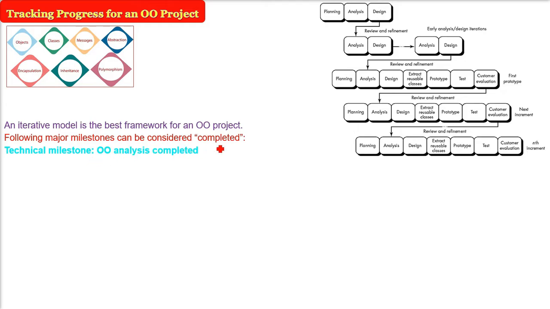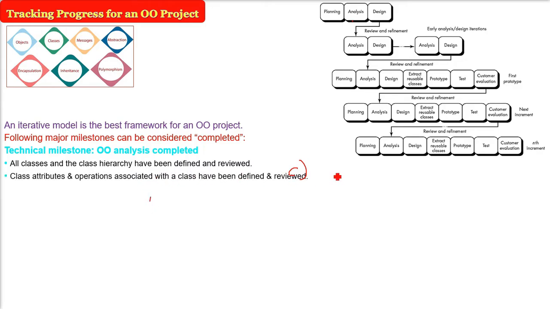The first technical milestone is object-oriented analysis completed. That is the analysis part. Here the classes which we are going to employ and the class hierarchy have been defined and reviewed. The attributes and operations of each class have been defined and reviewed.